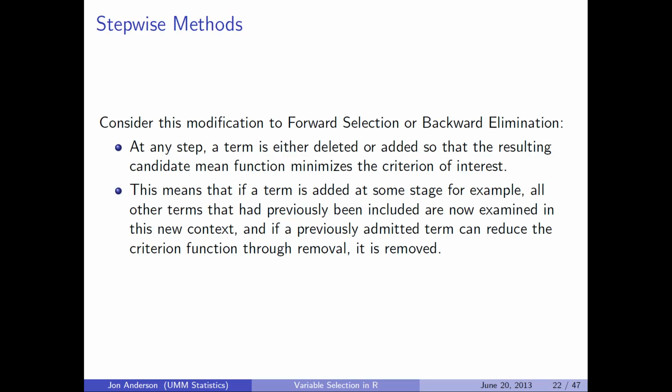Sometimes what can happen is a predictor that has been added at stage 2 is no longer needed when we get to stage 7. All the other predictors that have been added afterwards, stages 3, 4, 5, 6, and 7, are now so effective that we don't need the predictor that was added back at stage 2. We would like to edit our choice, and that's what stepwise methods do.